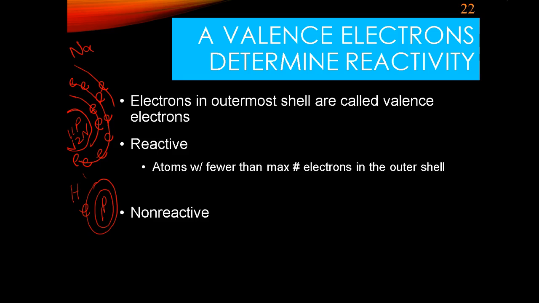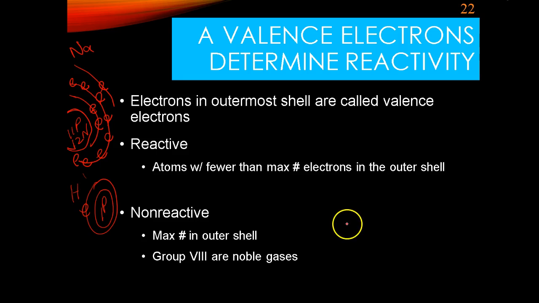Okay, let's go on to the non-reactive guys. So we know anything would be non-reactive if it has a complete outer shell. And so we automatically know that those noble gases that are in group number 8 all have the max number of electrons in their outer shell. So if we looked at helium, for example, helium is number 2, with a mass of 4.0003.